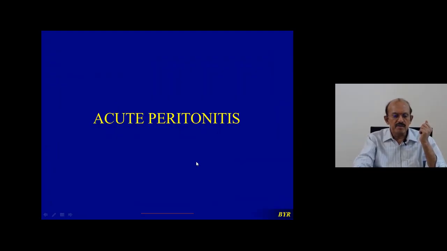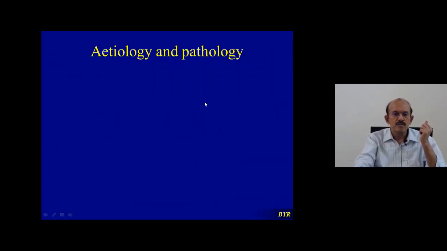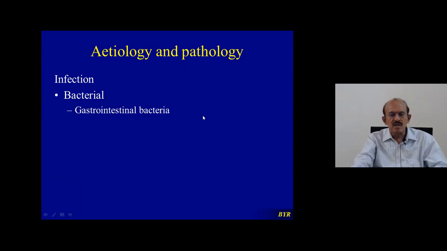Acute peritonitis. As I already told you, bacterial infection is the commonest. Sometimes even viral and fungal infections can also cause it. The bacteria are derived from the gastrointestinal tract only. We have seen the commensals in the gut.